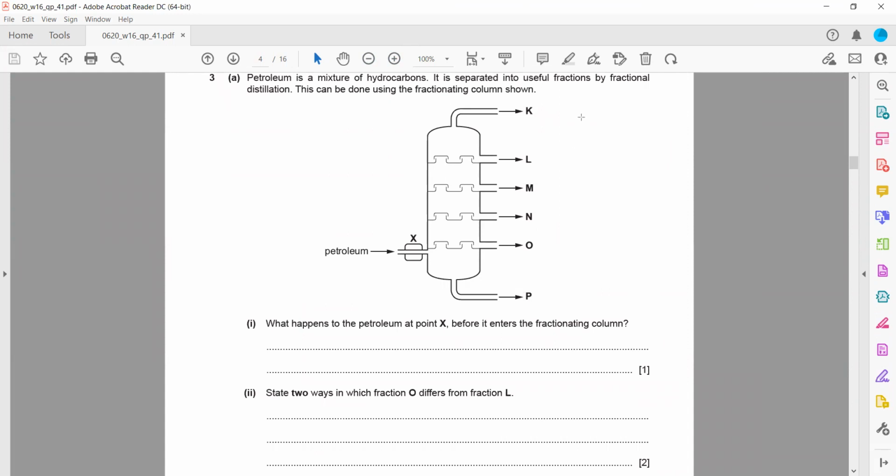So you can mention O will be darker, O will have more carbon atoms, O will have a high boiling point or melting point.